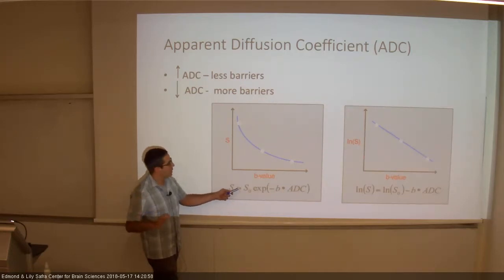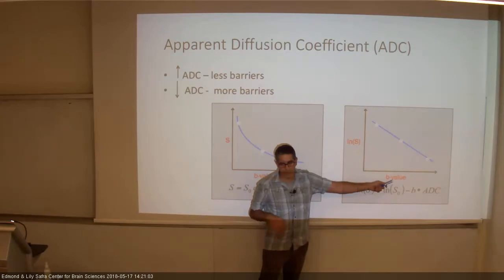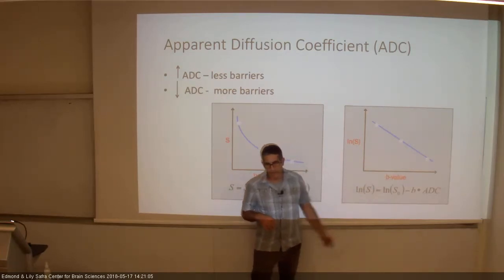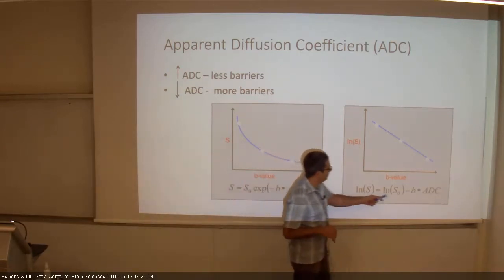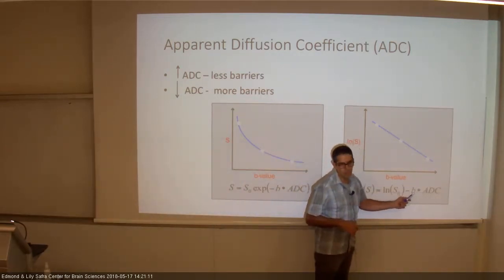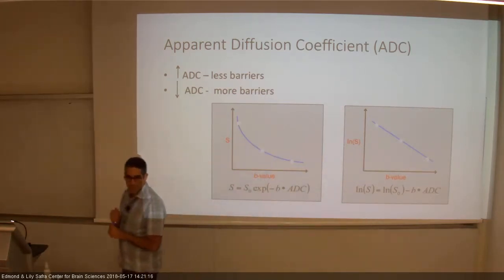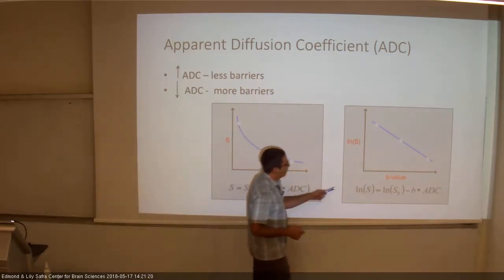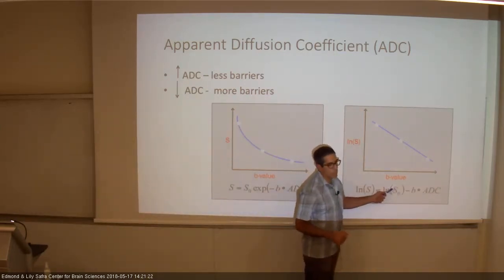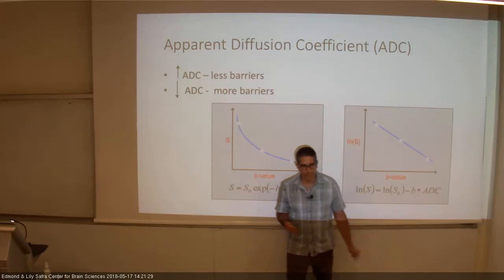That means I can now take a log and create a linear equation, which is the log of the signal as a function of the apparent diffusion and the B value, which makes it very easy to fit. I actually need only one measurement without diffusion, the S0, and one measurement with diffusion weighting, and I can get the ADC. You see that, right?